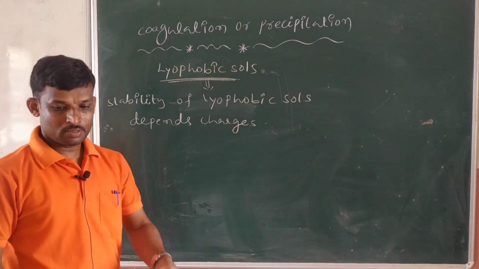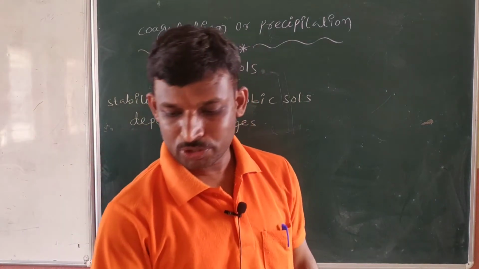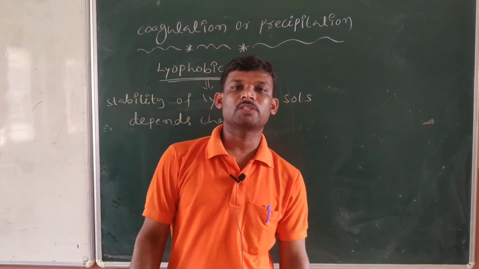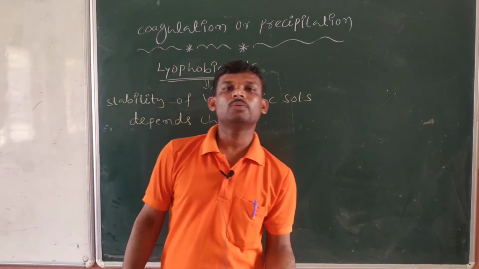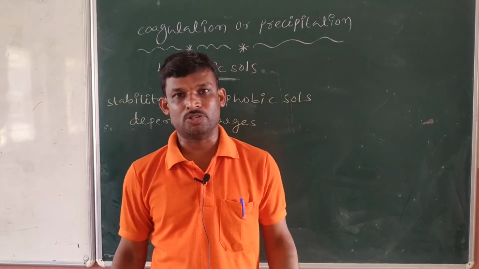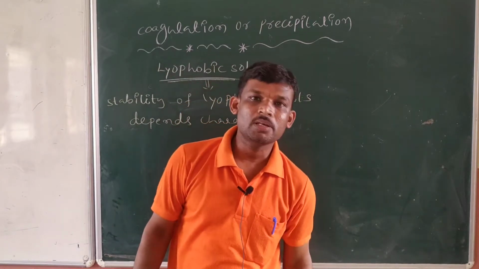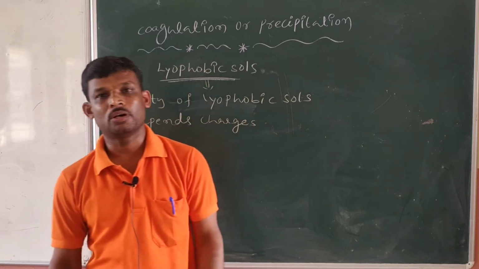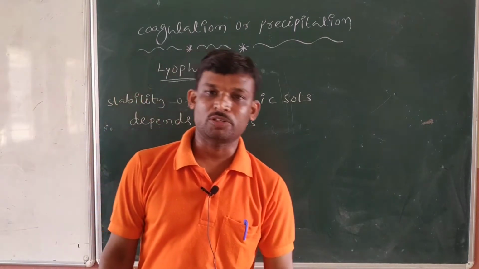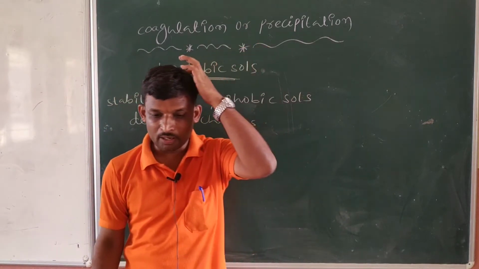Because generally, in a colloidal solution, as we discussed in the last class, these show charge. The colloidal sols may be positively charged, or there may be negatively charged colloidal solutions. Am I right or not?